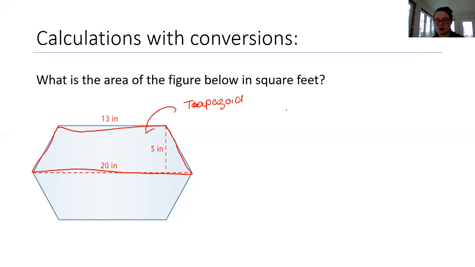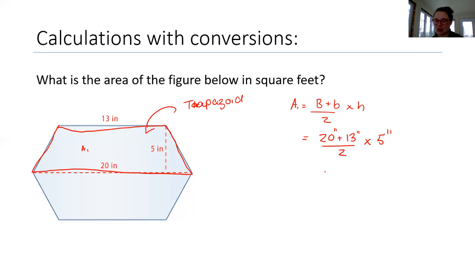We can use our trapezoid formula. So the trapezoid formula says that area is equal to, I'm going to call it area 1, so we're only doing half of it at the beginning. Area 1 is the big base plus the little base, divided by 2, times the height. Big base is 20 plus 13 divided by 2, and those are in inches. So we'll throw my units in. You put your units in, you remember what units you're getting out, times a height of 5 inches.